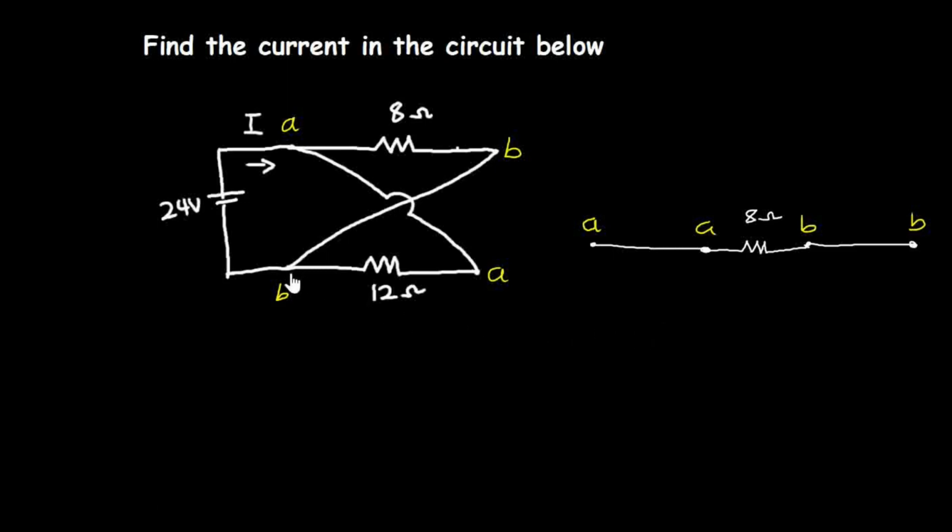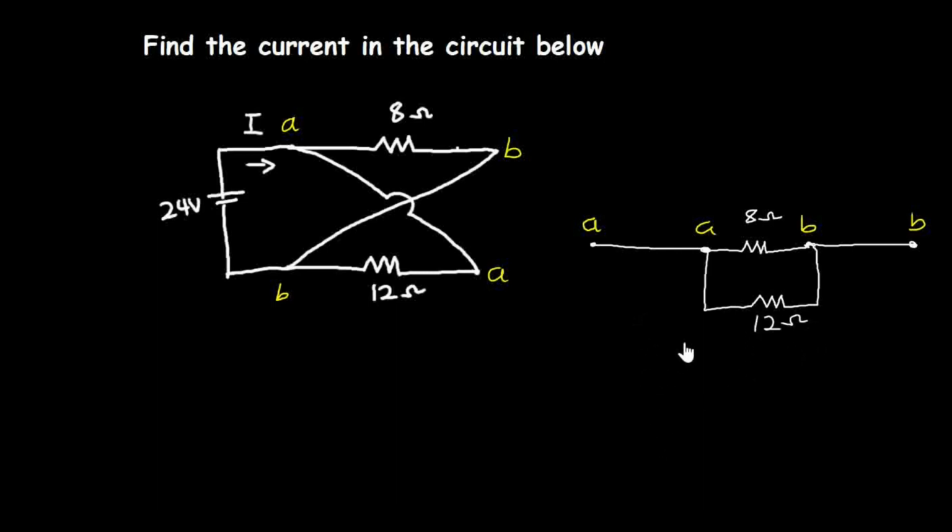Looking at node B and node A here also, you have the 12 ohms resistor in between them, so I can connect it here also. I have node A here and node B here. So this is the 12 ohms resistor.